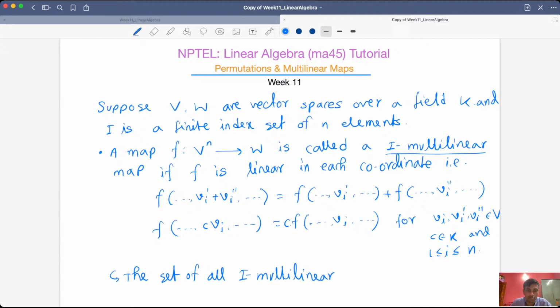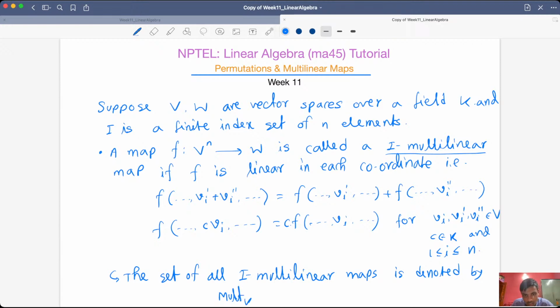Multilinear maps are denoted by Multi_k(V^I, W), where k is the field.